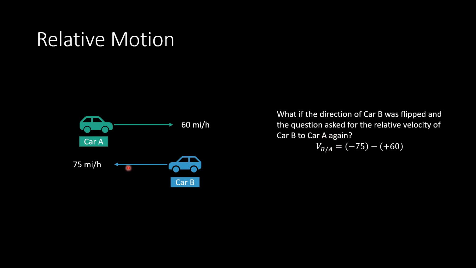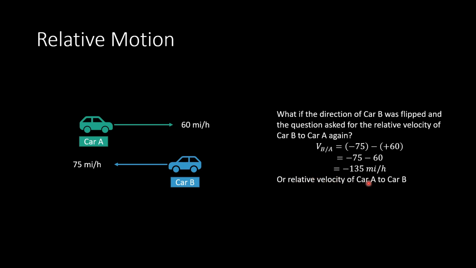It's going to be negative 75, because it's heading in the opposite direction to our positive one, minus the 60 for car A. So the velocity of car B relative to car A is negative 135 miles per hour.